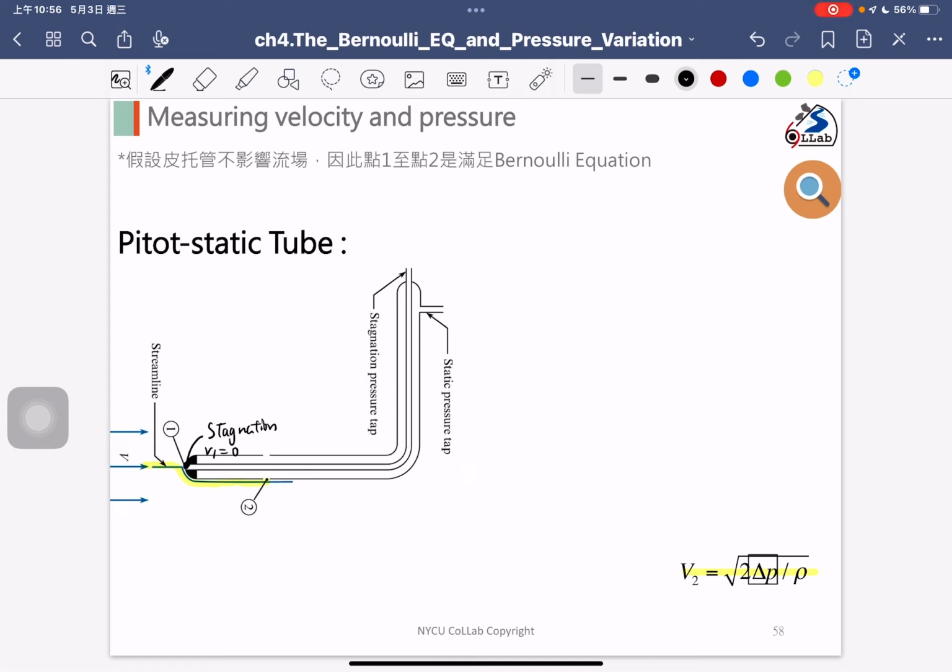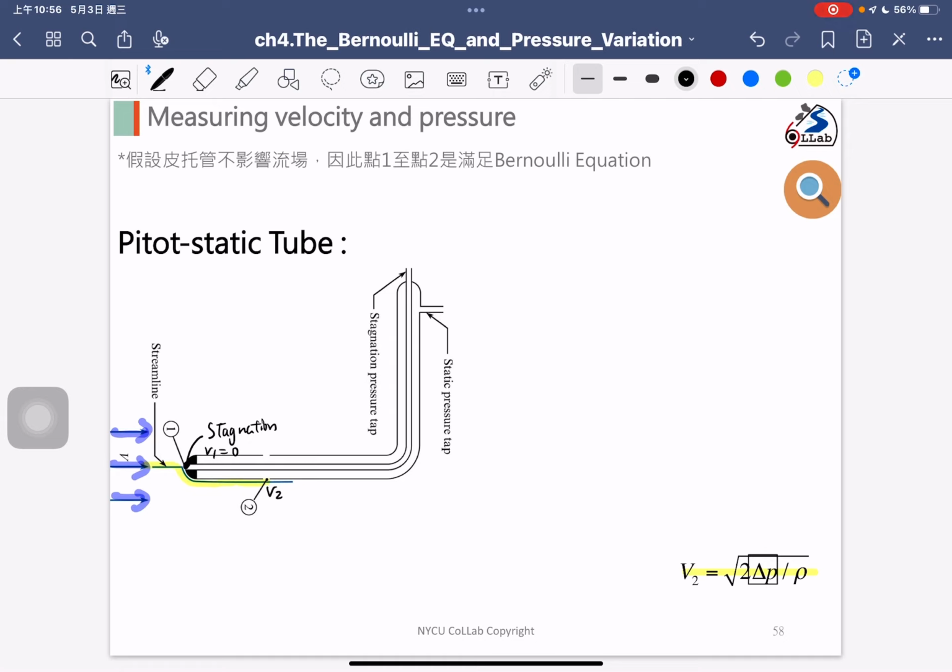And at the outside point, V2 is the same as the free stream velocity. So V2 is the velocity we want to measure and determine.